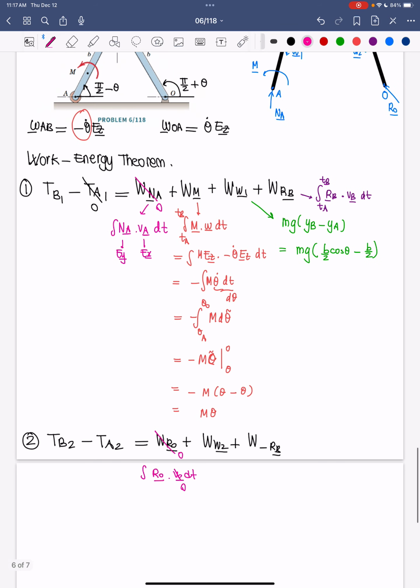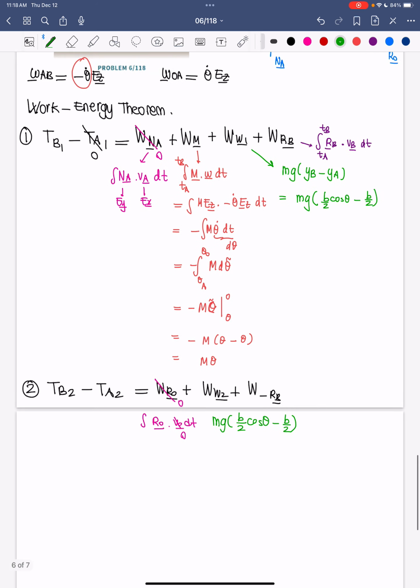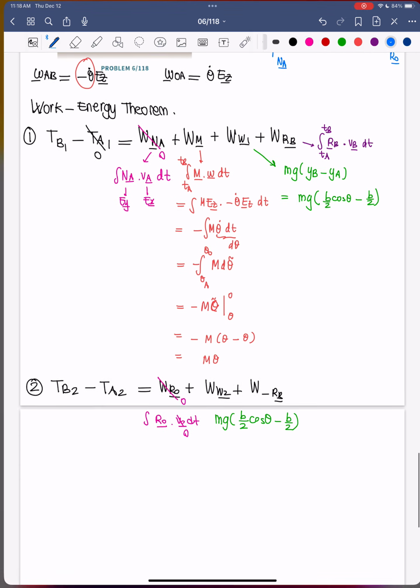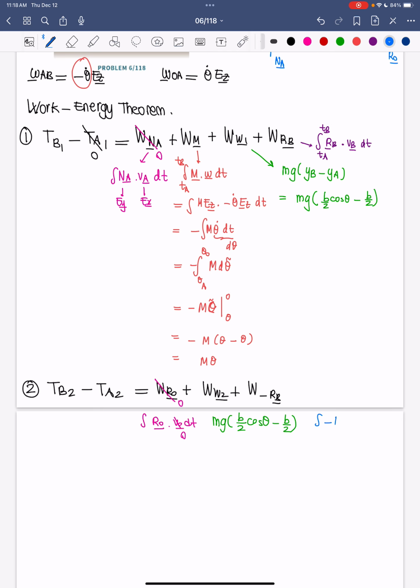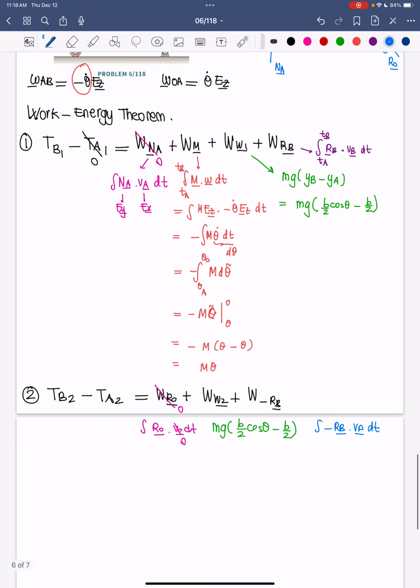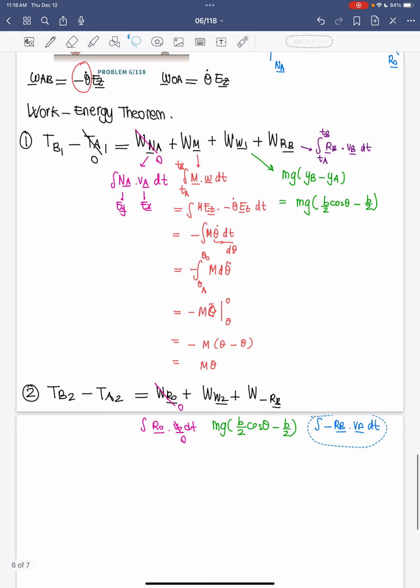The work of the weight is the same as for bar 1. The two have the same masses, and the center of mass has the same vertical displacement. And the work of minus RB is the integral of minus RB dot VB dt.